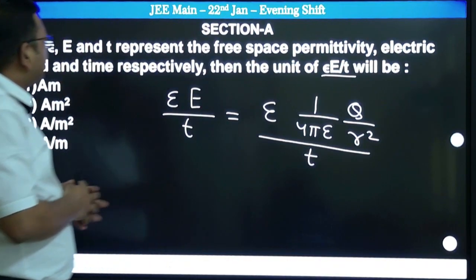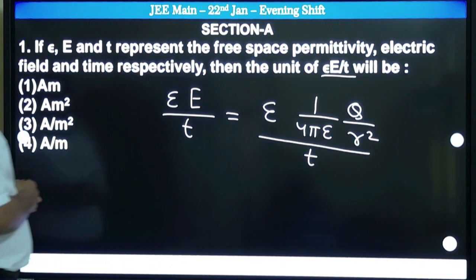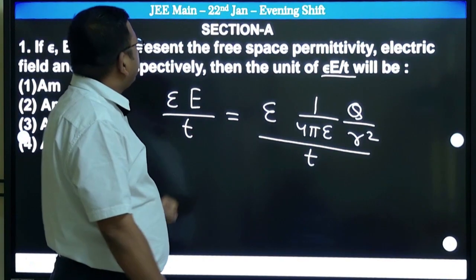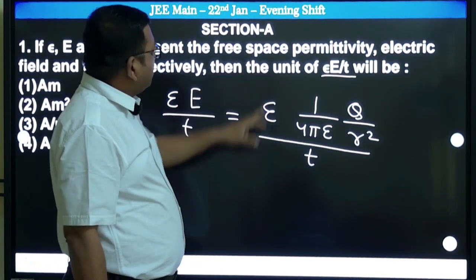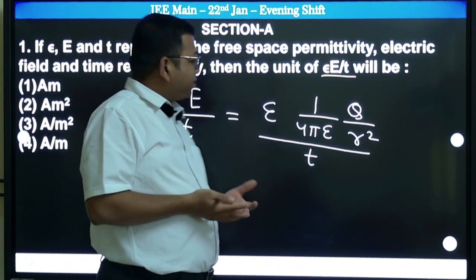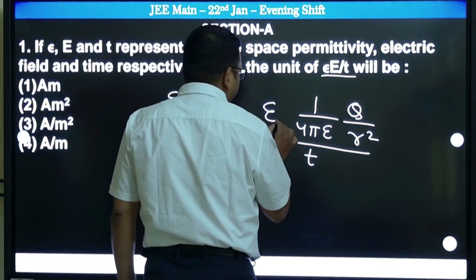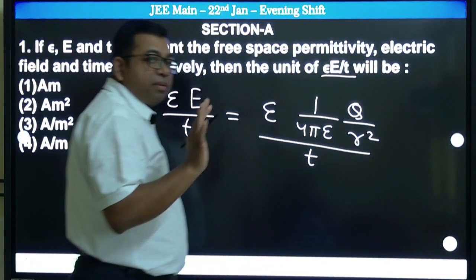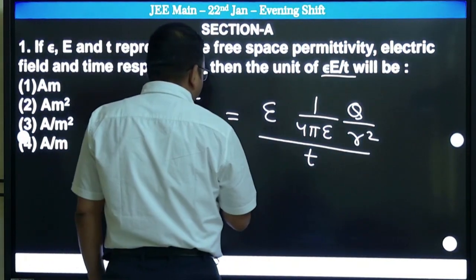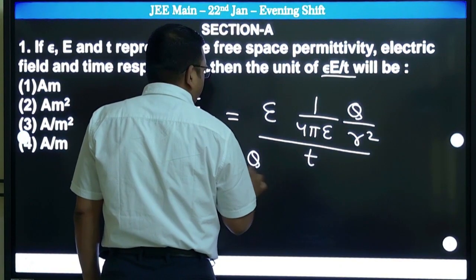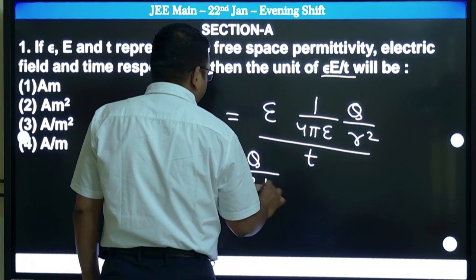Correct? Is what you have got. Right? Then what you will do? And note that this is free space, means generally we represent as epsilon naught. If you want, you can represent this as epsilon naught. They will anyway get cancelled. So you are left with q by r square into t.